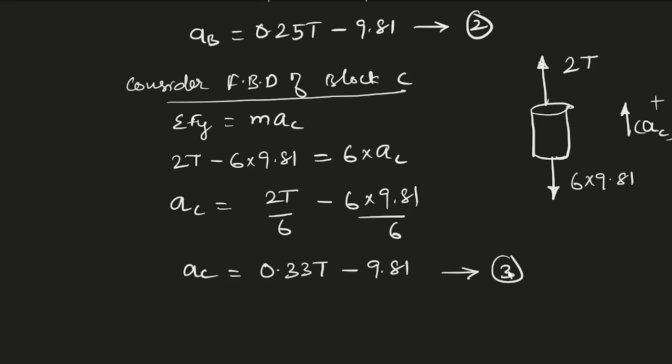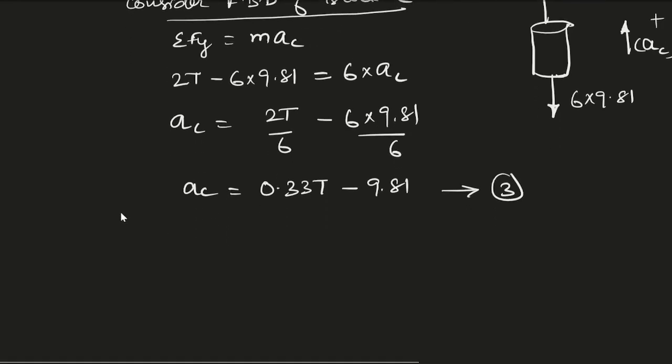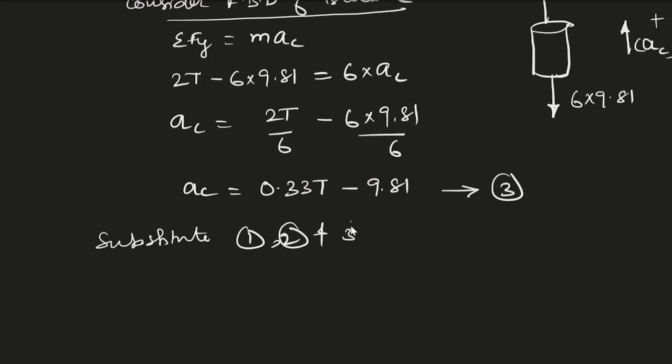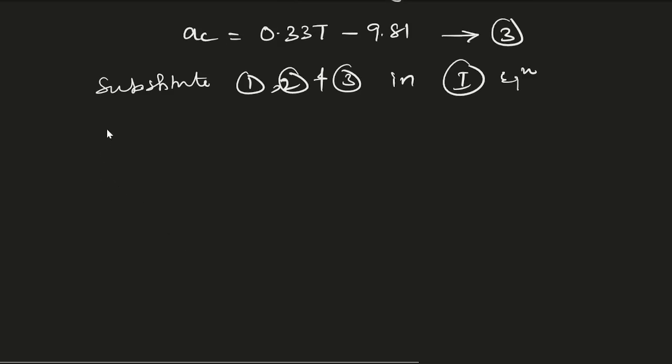Now I'll substitute equations 1, 2 and 3 in the first equation. The first equation, I write it down once again: a_A plus a_B plus 2 times a_C is equal to 0.